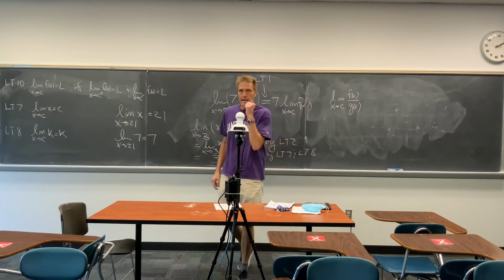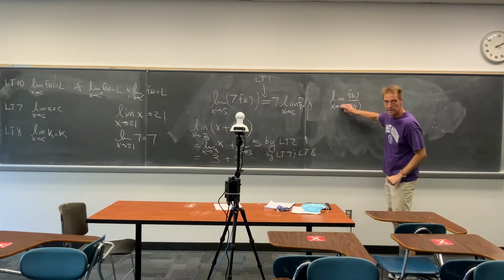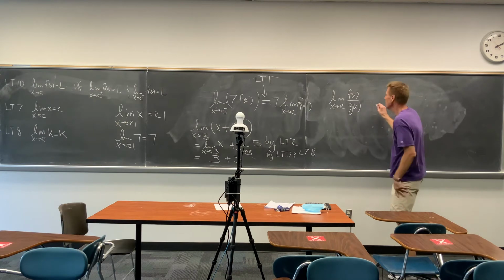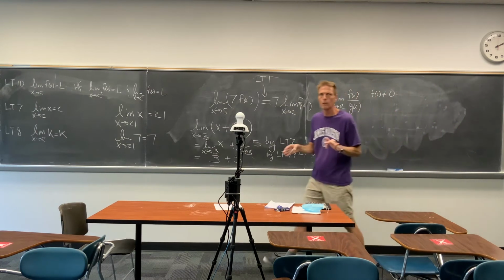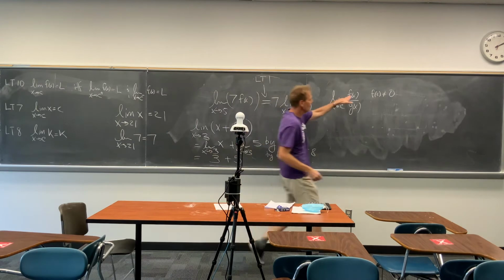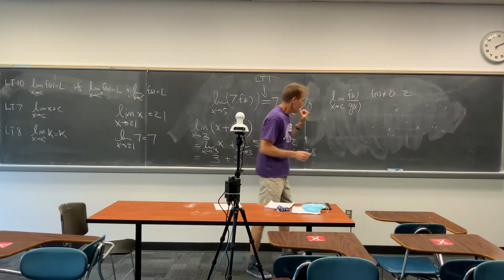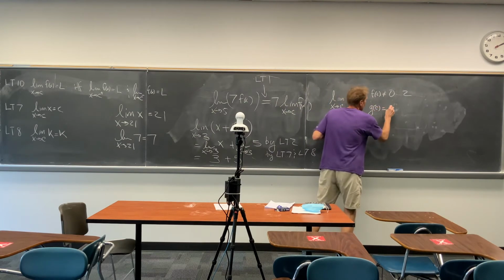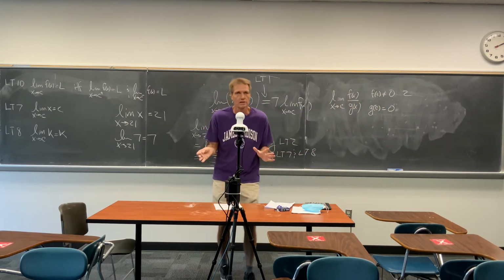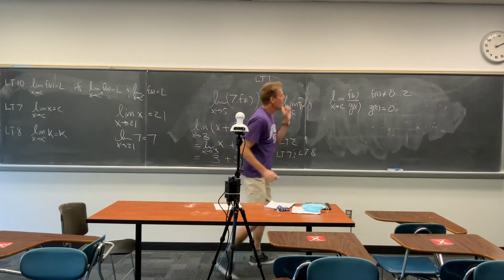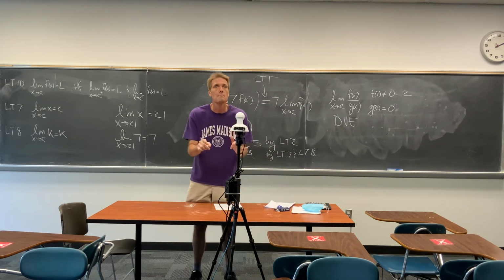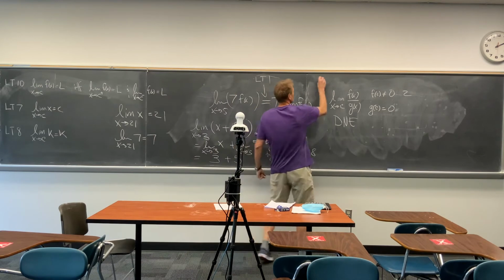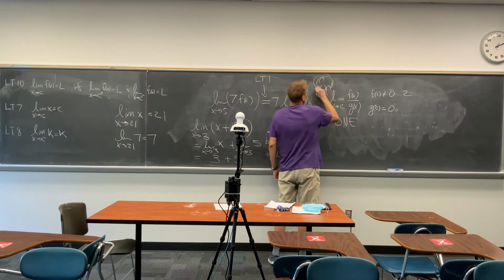Anytime you plug the c in and you get an f of c that's not 0, give me a number that's not 0. 2, like if this was a 2, and you plug the c in, and the denominator is 0, then you can immediately say the limit does not exist. That's our nuclear explosion tool.